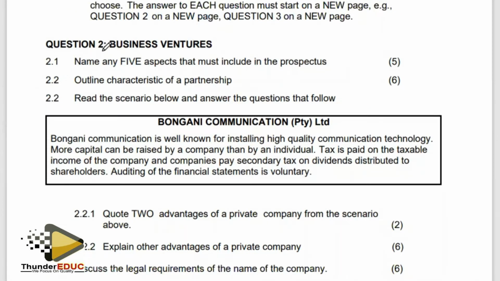Question 2 comes from business ventures, and it is specifically looking at forms of business ownership. It wants us to name any 5 aspects that must be included in the prospectus. Remember, they want us to just name.